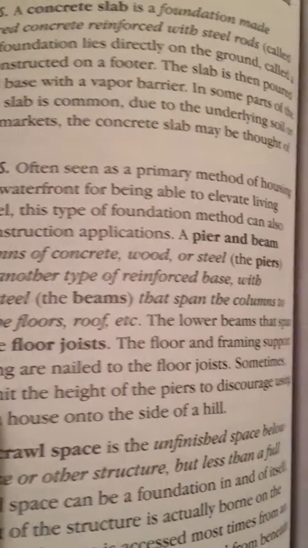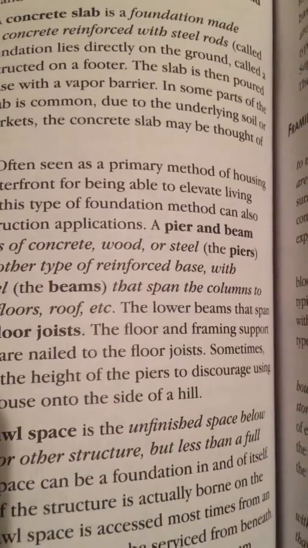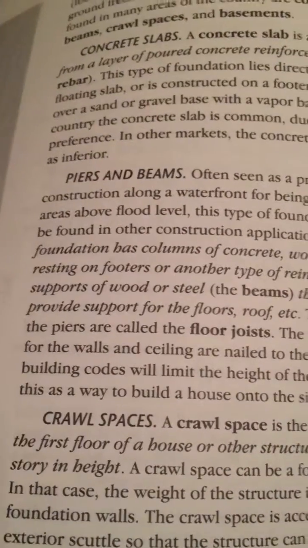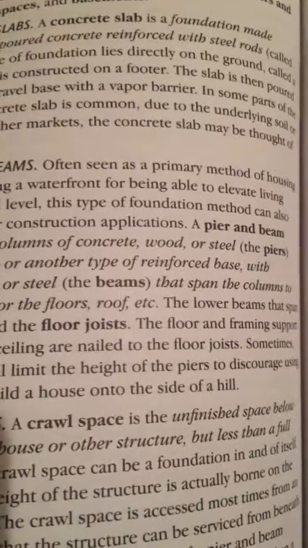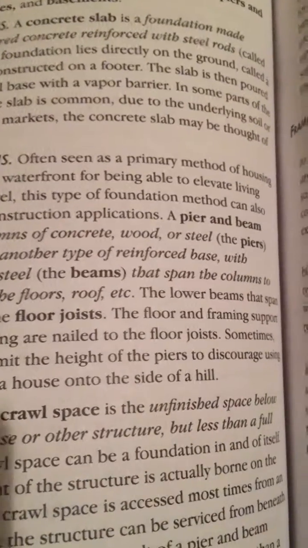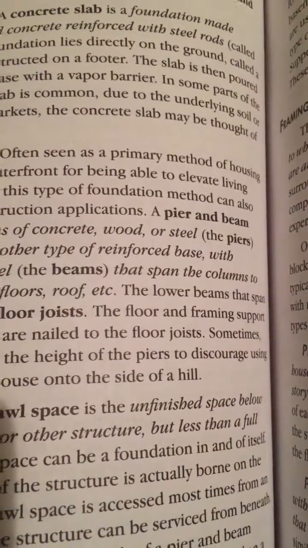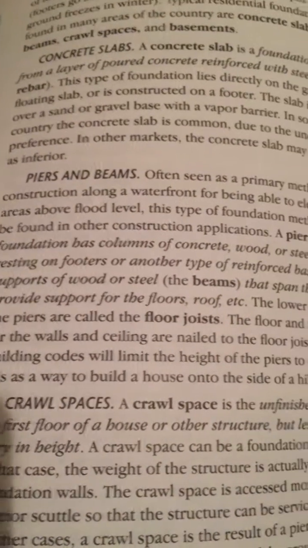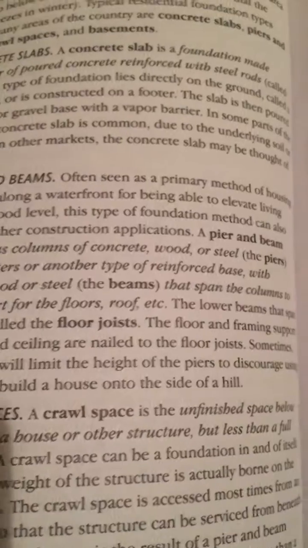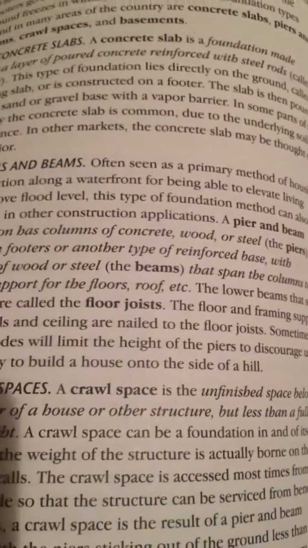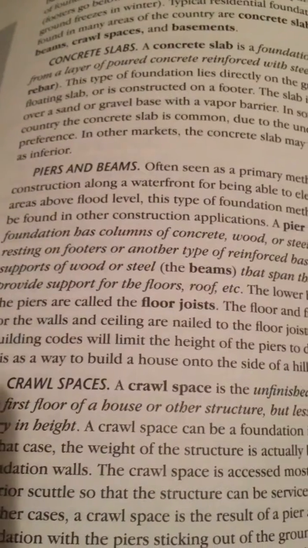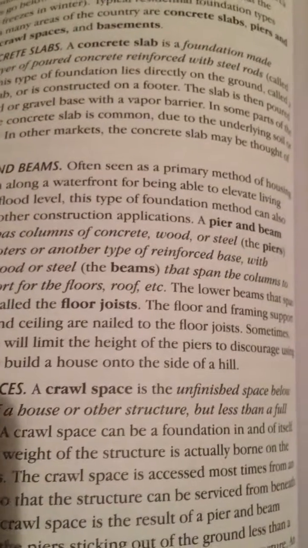The beams span the columns to provide support for the floors, roof, etc. The lower beams that span the piers are called the floor joists. The floor and framing support for the walls and ceiling are nailed to the floor joists.